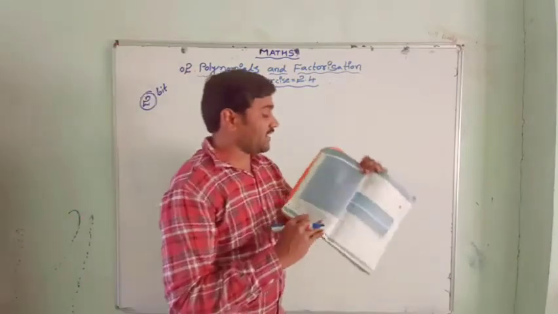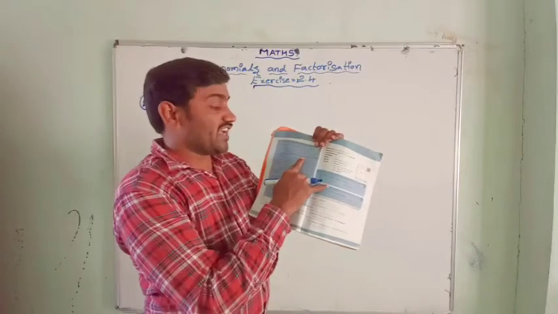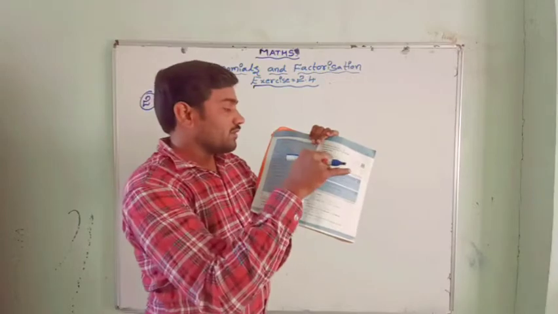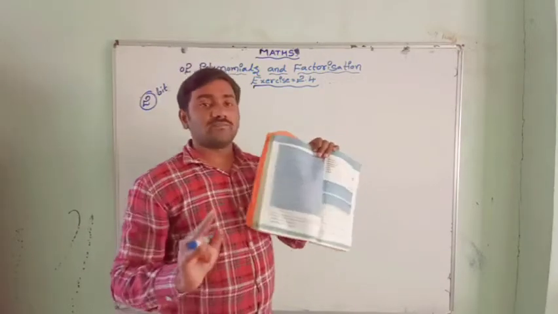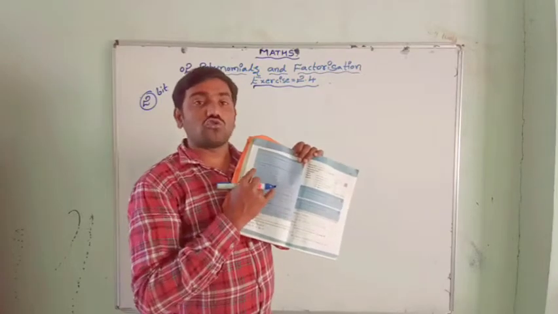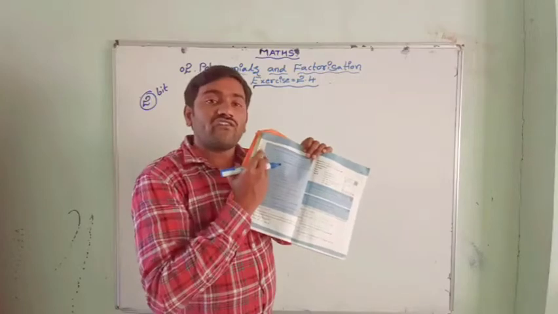Let us see the second bit: use the factor theorem to determine whether g of x is a factor of f of x in each of the following cases. Here f of x and g of x, two polynomials are given. We have to check whether g of x is a factor of f of x or not.